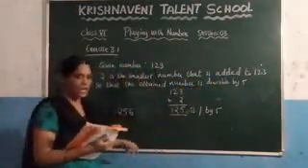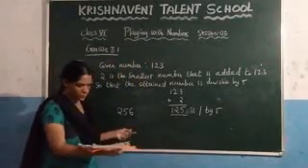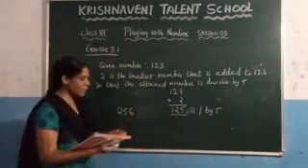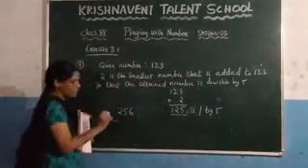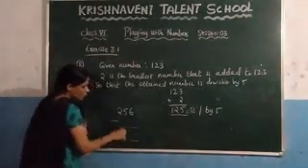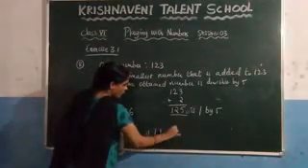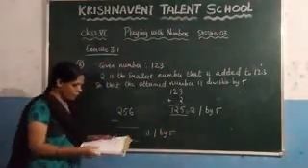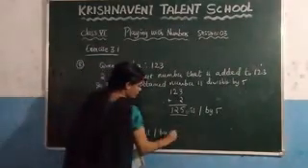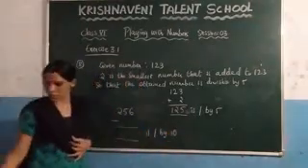Here, they are asking what is the smallest number that must be subtracted. The question they have given here is divisible by 10, not 5.